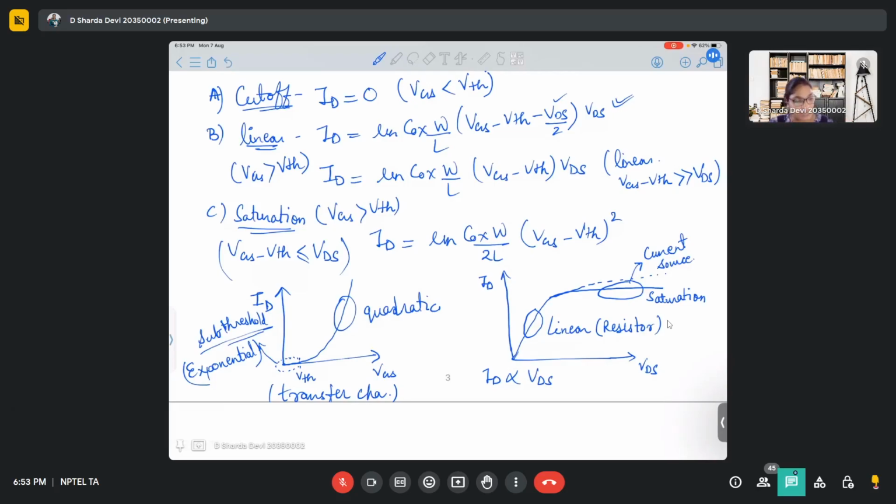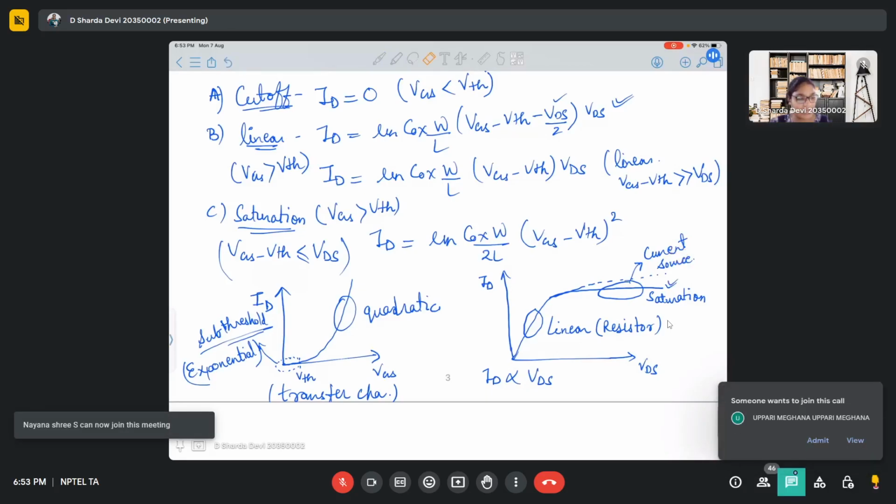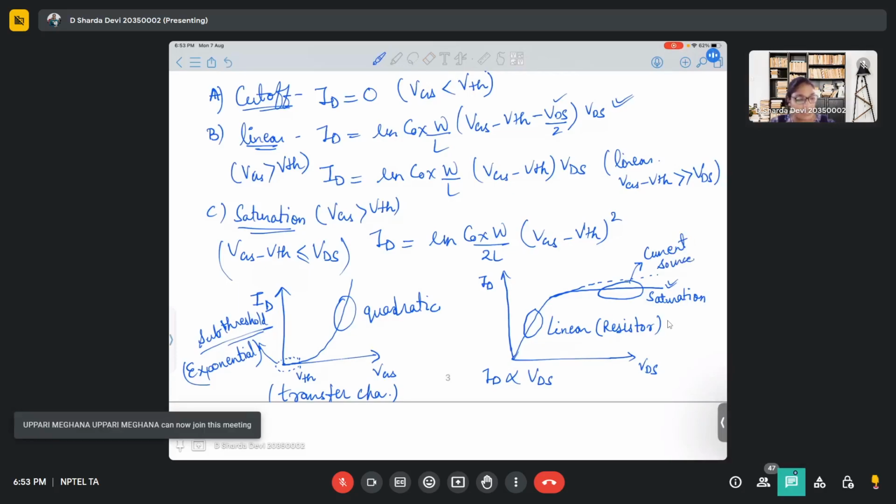Actually we want this characteristic, but due to other second order effects we get this type of characteristic, which ideally we don't want. So this is non desirable. What is actually desired is this, where we only want to change our output current, which is the major output from the device, because of your input voltage only.